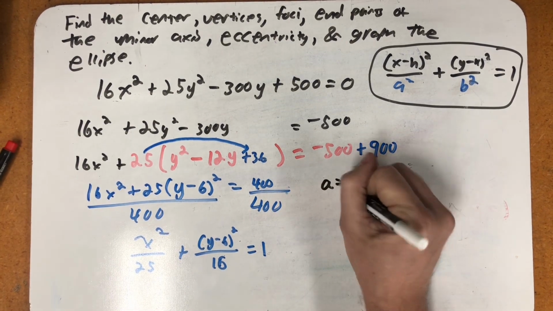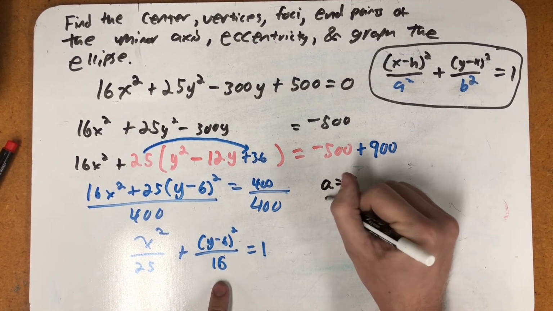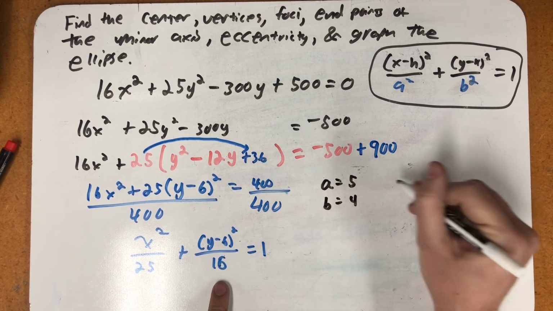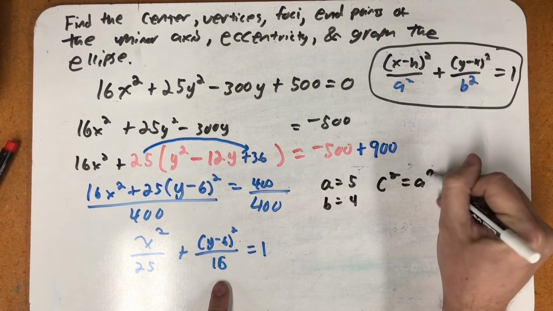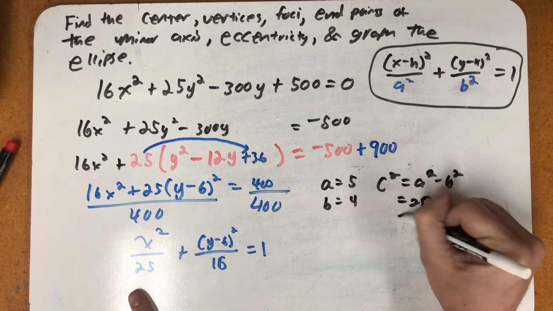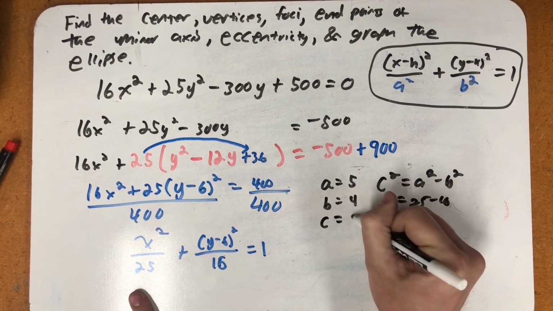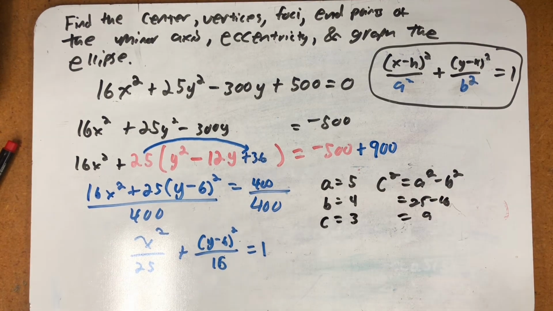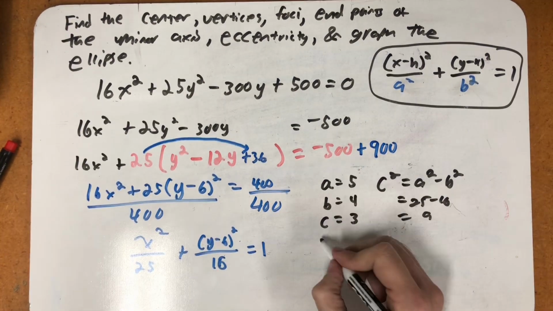So a is equal to 5 and b is equal to 4, and we can remember that c squared is always a squared minus b squared. 25 minus 16, of course, is 9, meaning here that c is 3. So like the best case for one of these is to end up with that 3, 4, 5 combination. All right, we should write down a center for our ellipse.